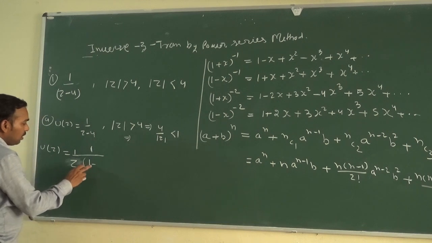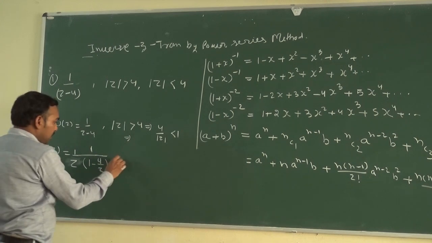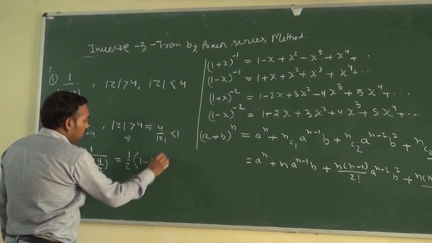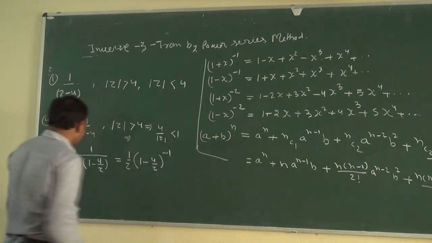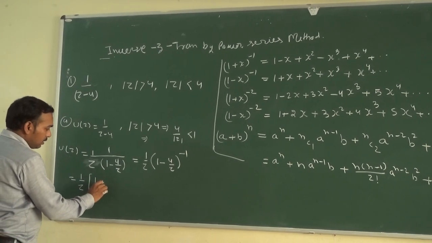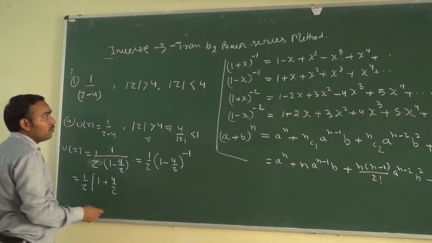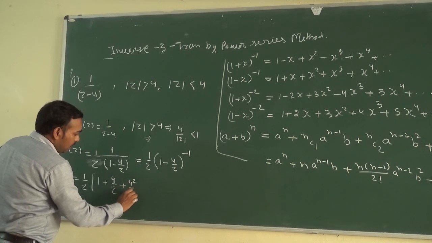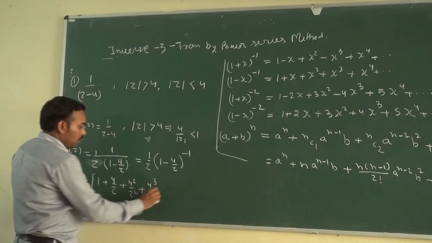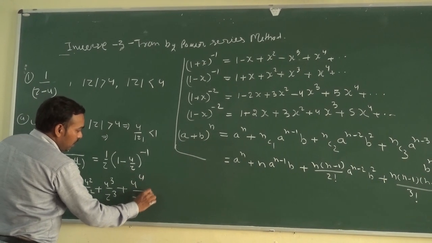So this is 1 upon z times 1 minus 4 upon z to the power minus 1, and this expands, using the formula for 1 minus x to the power minus 1, as 1 upon z times 1 plus 4 upon z plus 4 square upon z square plus 4 cube upon z cube plus 4 to the power 4 upon z to the power 4 and so on.